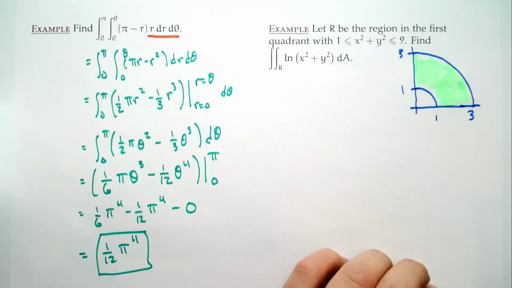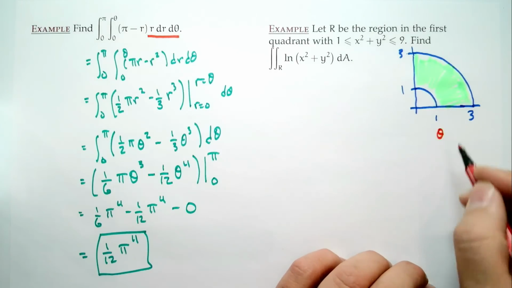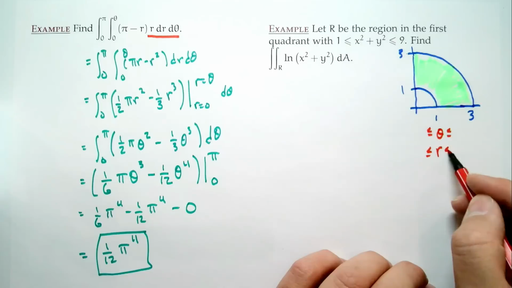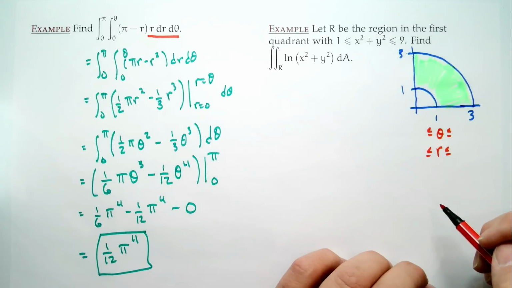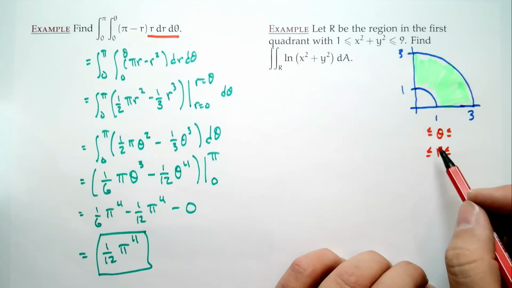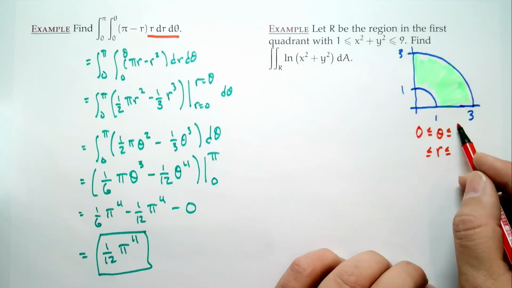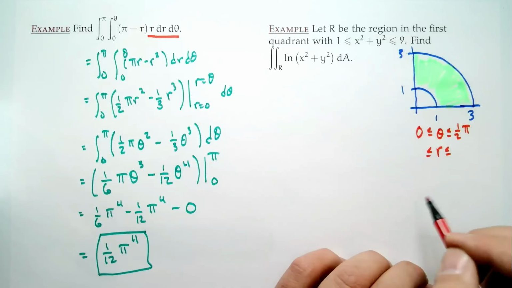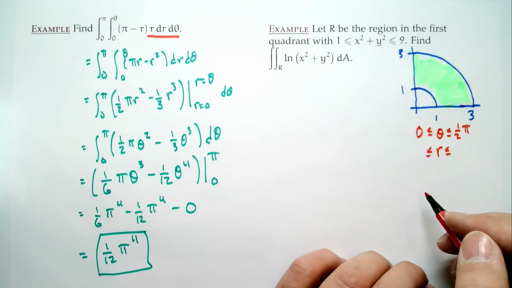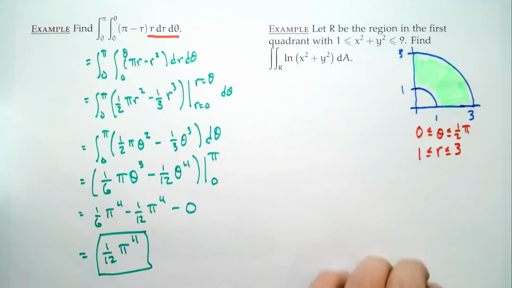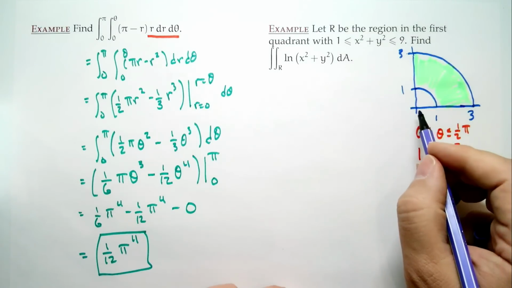So let's talk about polar. Polar would say we need theta and r. What's true in polar? 0 to half pi. Okay, so theta goes from 0 to 1/2 of pi. What about for r? 1 to 3. R goes from 1 to 3. So think about polar. You always think about how it relates from the center.